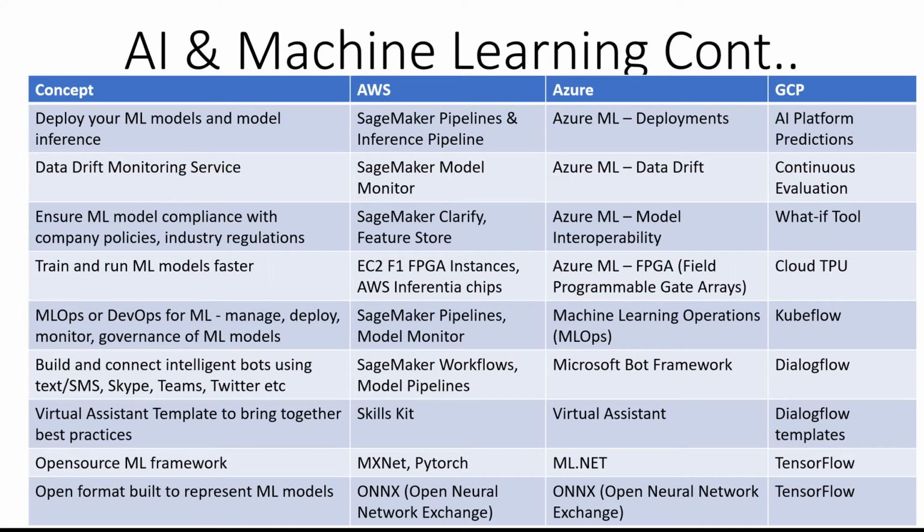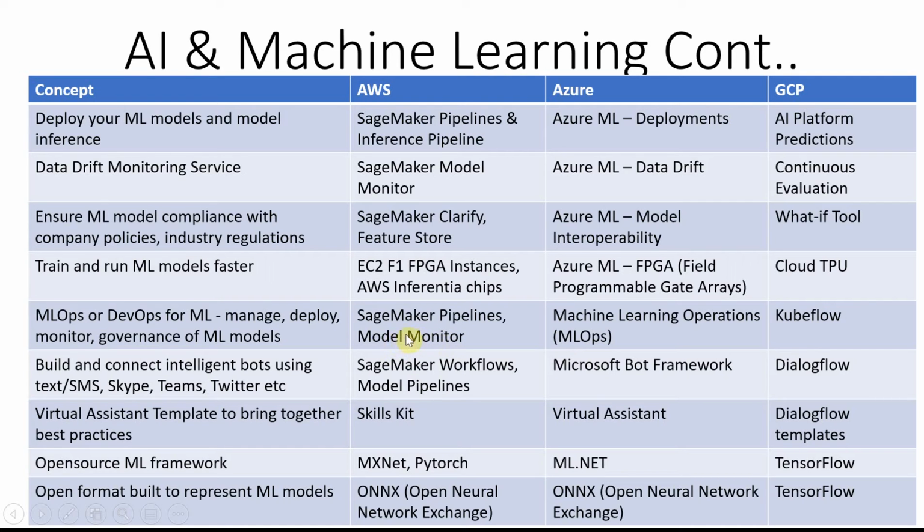In that category, the problem statement is the same: how can an ML developer and an ML operator manage the ML software? Generally you manage, deploy, monitor, and govern your ML models. In that category, AWS has SageMaker Pipelines and Model Monitor.